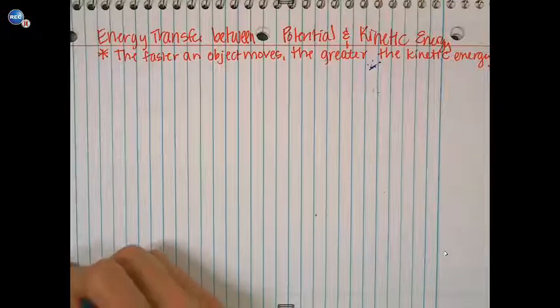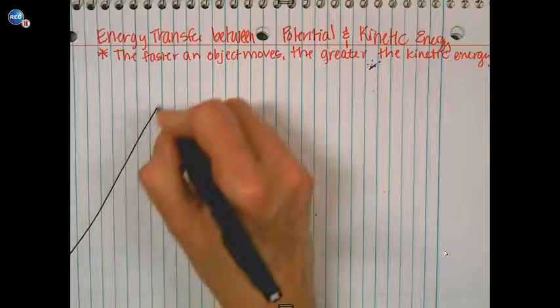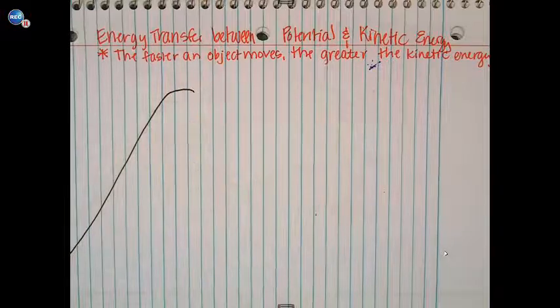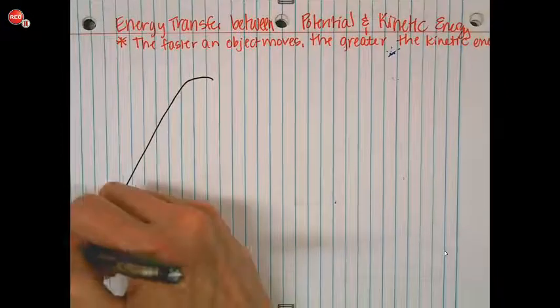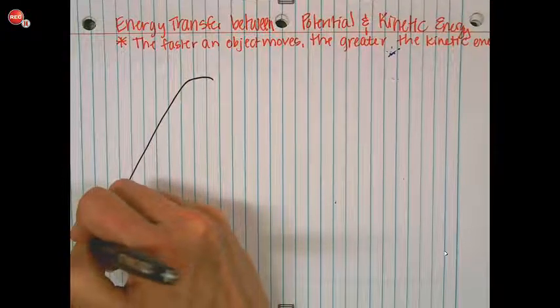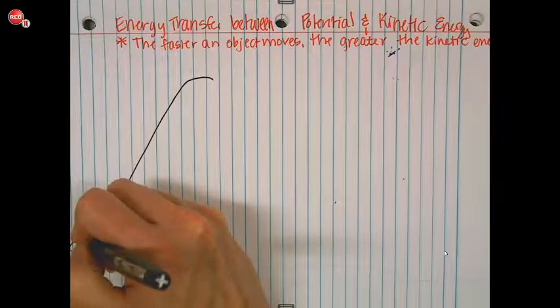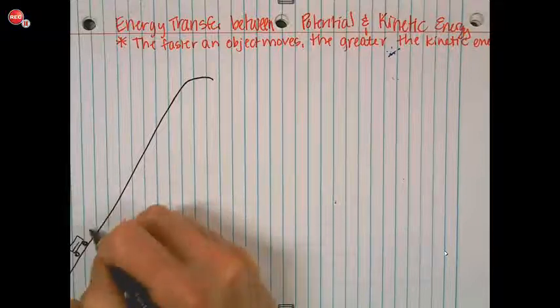Well, if you said at the top of that very first hill, you are absolutely right, because the very first hill is going to be the highest hill on the roller coaster, period. But how does the cart go up the hill?